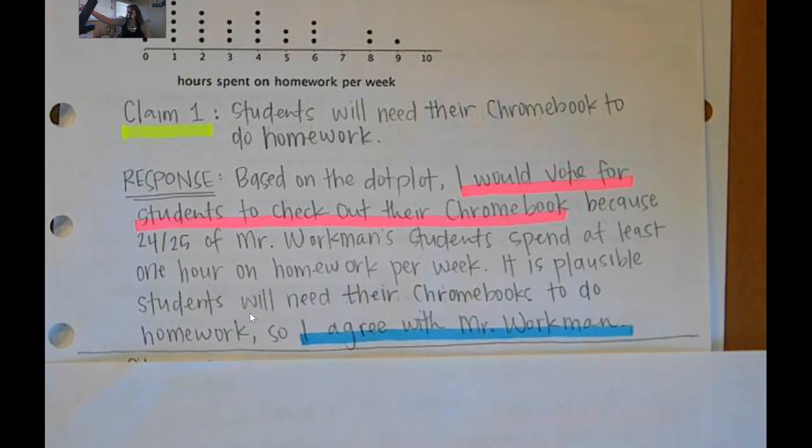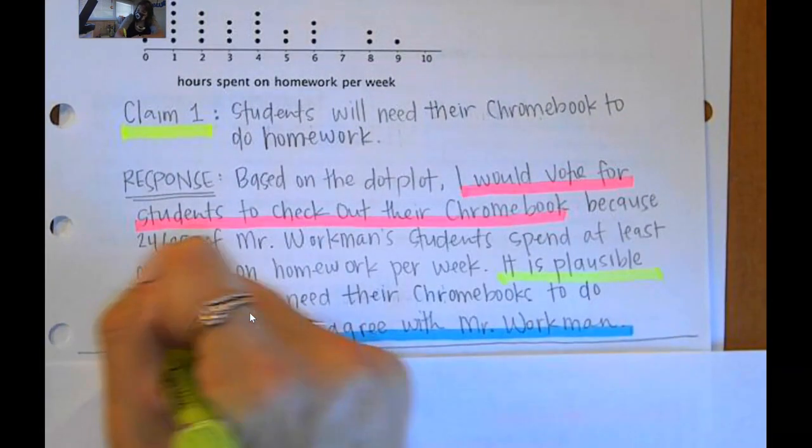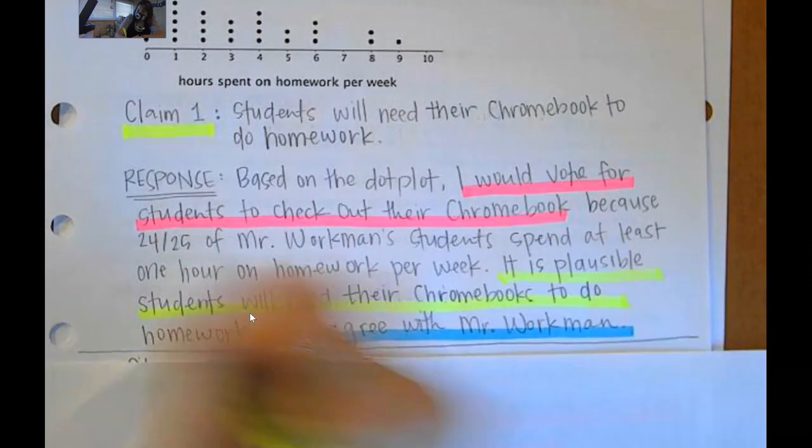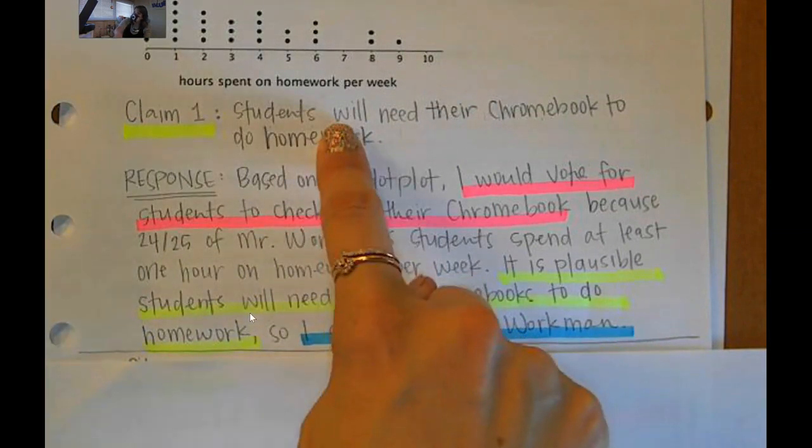If you spend 0 time on homework, that means that you didn't do any homework. So then this addresses the claim, and I forgot to highlight it. It is plausible students will need their Chromebook to do homework. So like on the previous page, I said when you end with it is plausible or not plausible, you want to refer back to your claim.